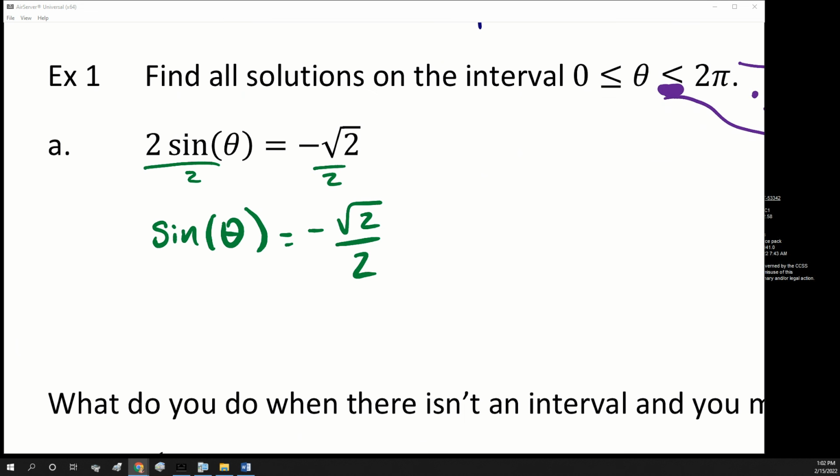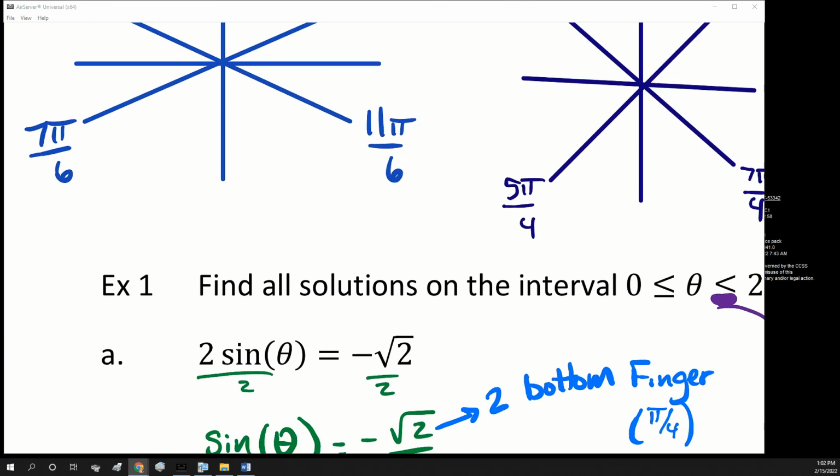All right, so we wrote down a minute ago that to find the sine using the hand trick, it's the square root of the bottom over 2. So that means we want 2 bottom fingers. That's pi over 4. Is the sine of pi over 4 negative square root of 2 over 2? No. So pi over 4 is like our reference angle.